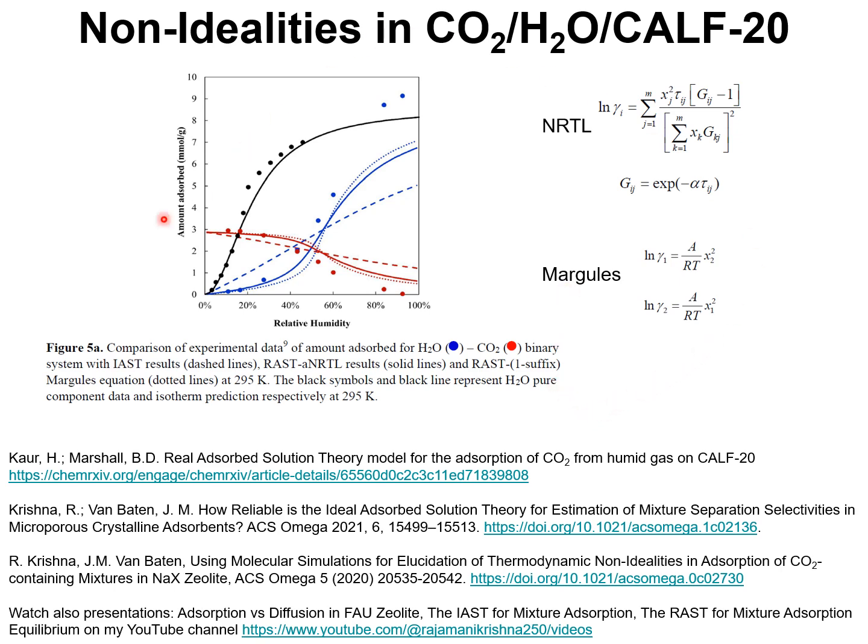The message I want to put across here is twofold. Firstly, thermodynamic non-idealities are of significant importance for CO2 capture with CAF 20, and great care must be taken in setting up the model for the activity coefficients.